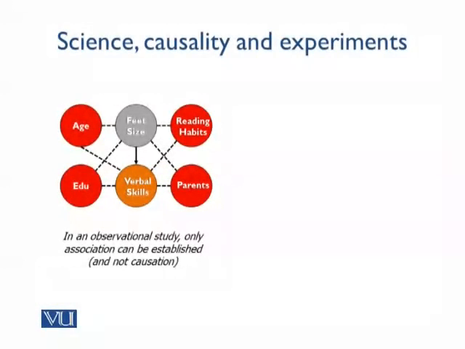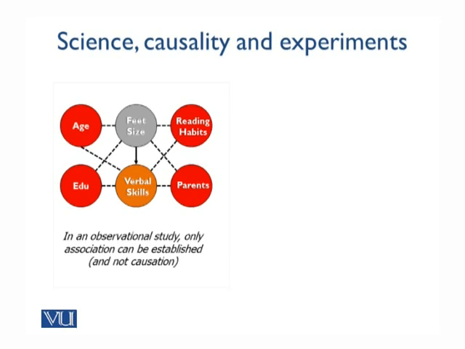For example, the reading habits of that person is also a variable that actually helps us determine the verbal skills that person has, how much education that person has. Has he or she gone to college? What is the education level of their parents?